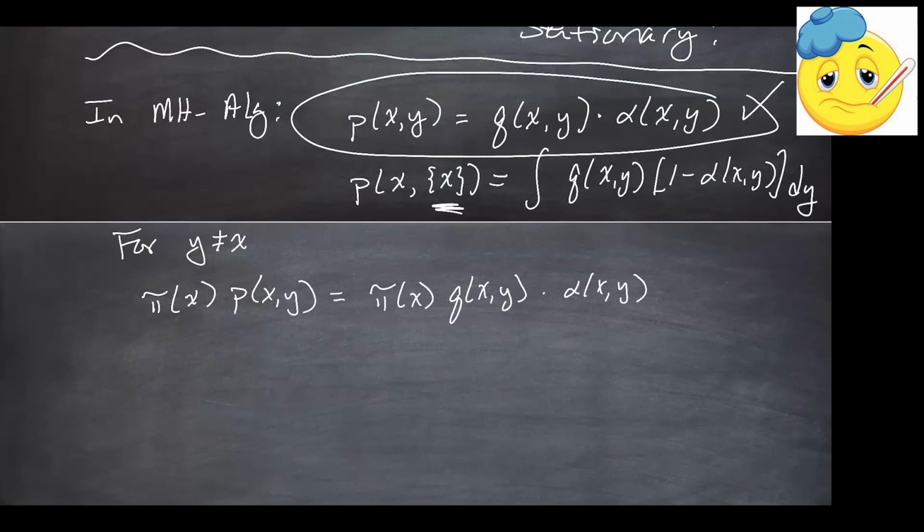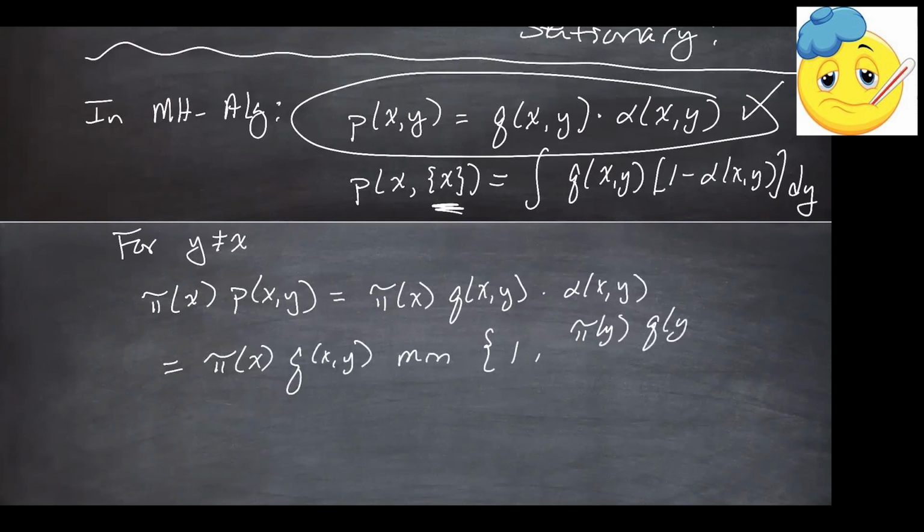Okay? And the alpha was defined as this big min thing. So I've got pi of x, qxy, and then the min of 1, pi of y, qyx, over pi of x, qxy.